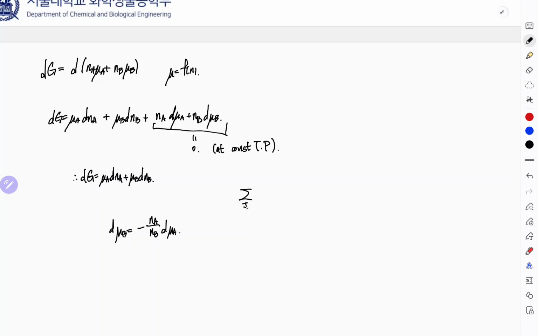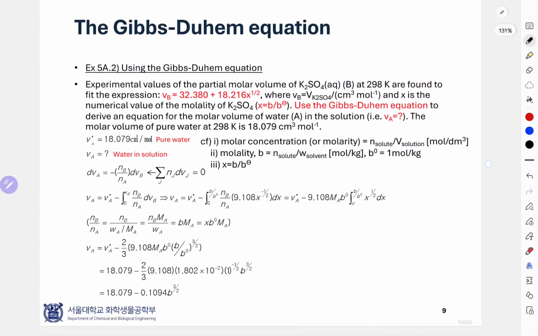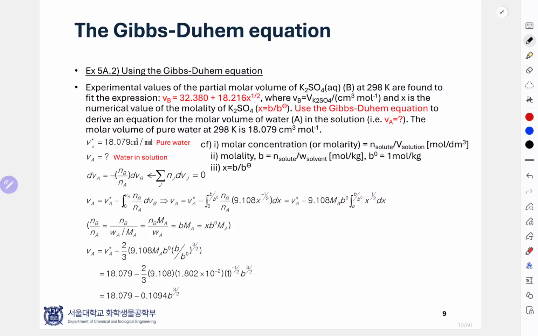Here in this example, experimental values of the partial molar volume of potassium sulfate in water at 298 K are found with the expression VB is equal to 32.280 plus 18.216 x to the 1 over 2, where VB is the molar volume of potassium sulfate.